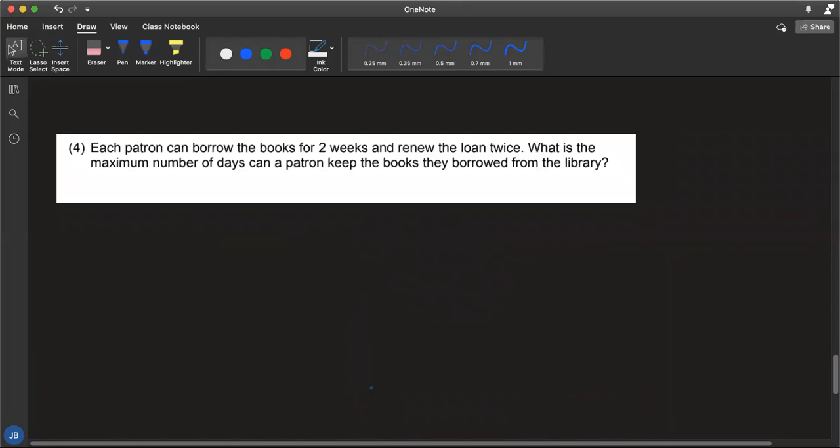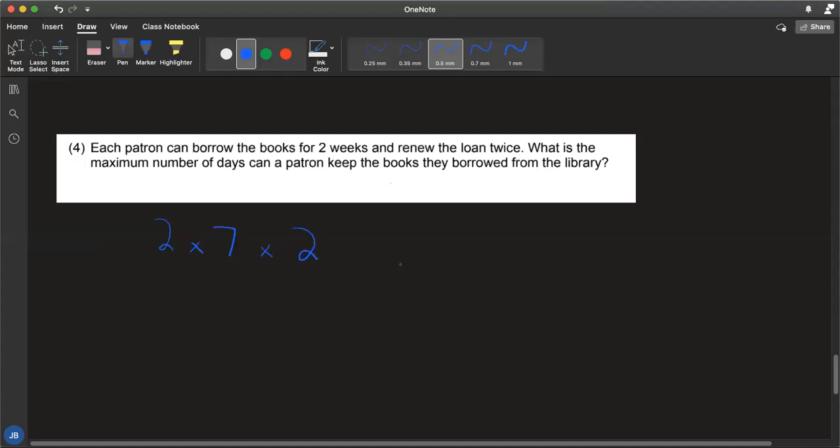Okay. So, each patron can borrow the books for 2 weeks and renew the loan twice. What is the maximum number of days a patron can keep the books they borrowed from the library? So what I did was, since each week is 7 days, I did 2 times 7, then times 2, times 2.